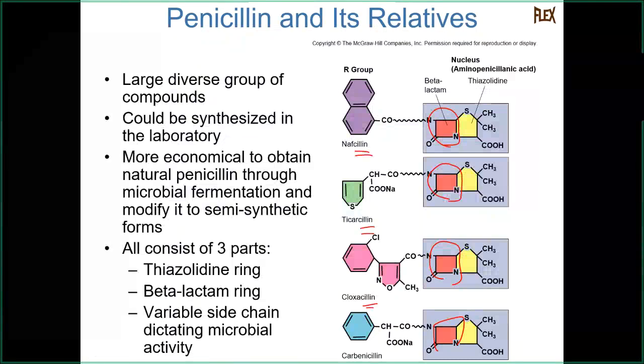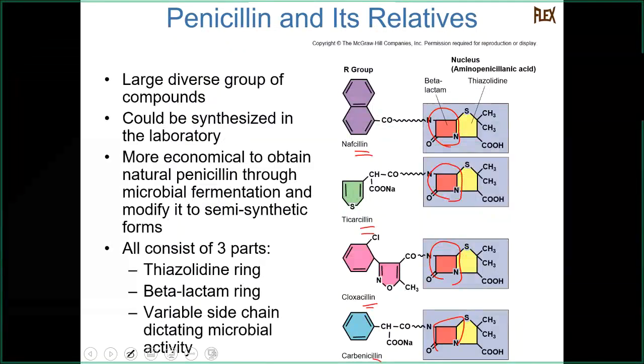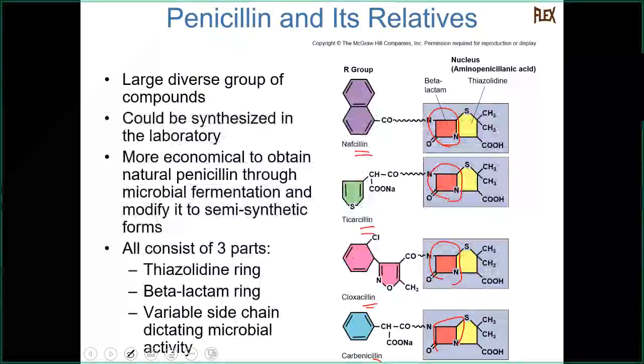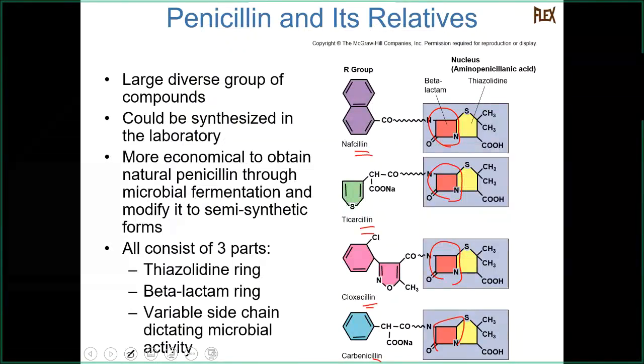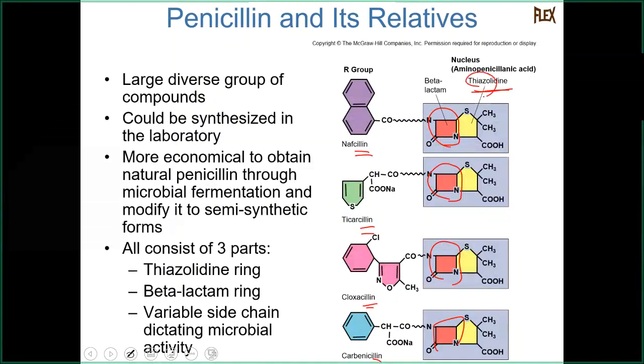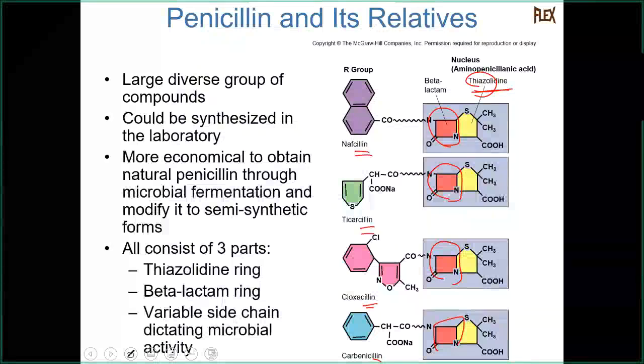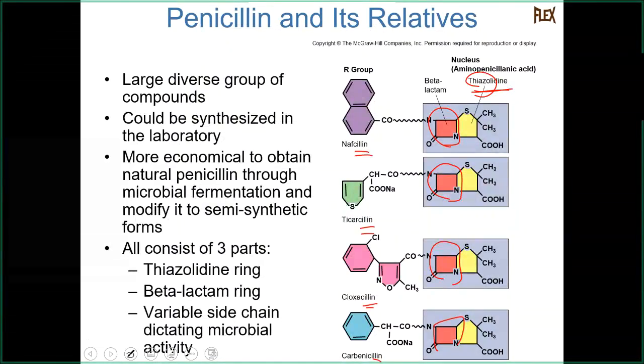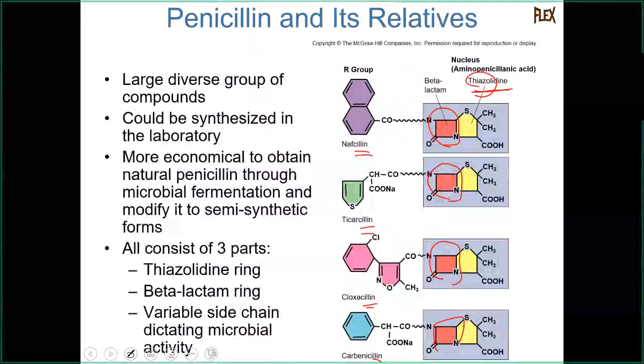And that's a common theme. We would immediately know that there's beta-lactam in their chemical structures. There's also this other component here called a thiazolidine. And anytime you see thiazole, that refers to something that has both sulfur and nitrogen. So there's this nitrogen right here, and there's this sulfur right here.